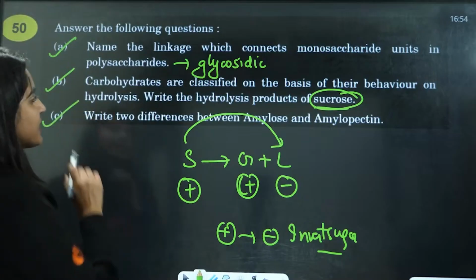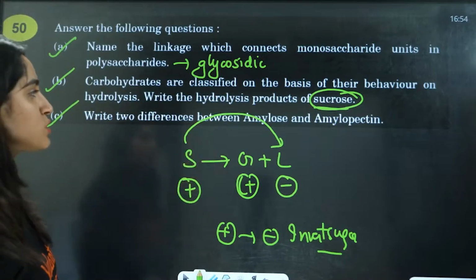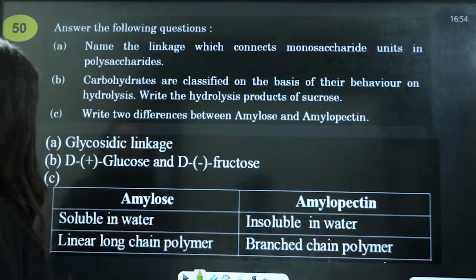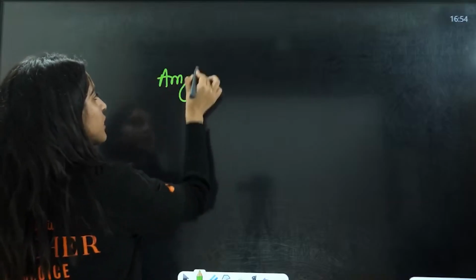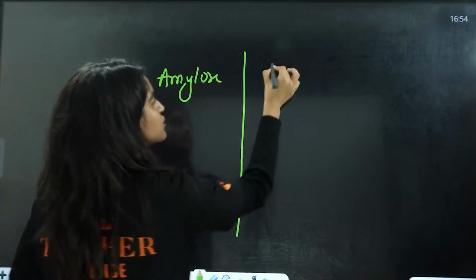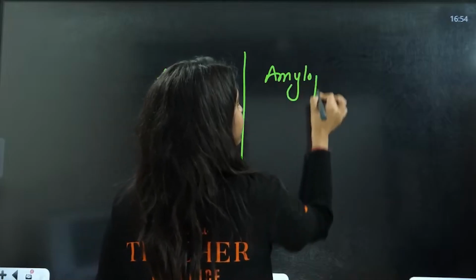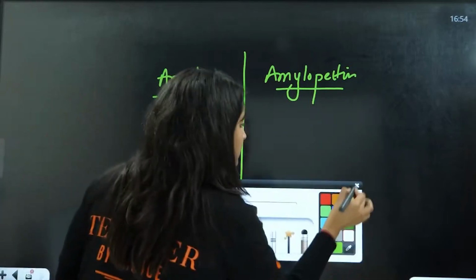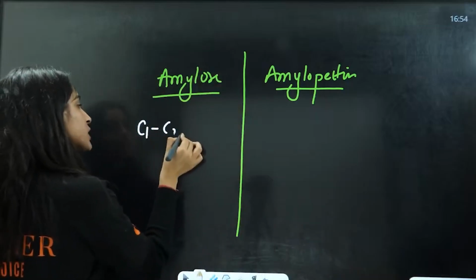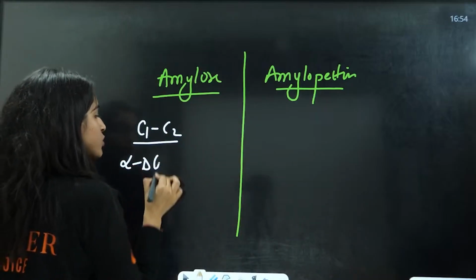Next is, write down the differences between amylose and amylopectin. Very simple. Amylose is nothing but C1, C4 linkages of alpha D glucose.